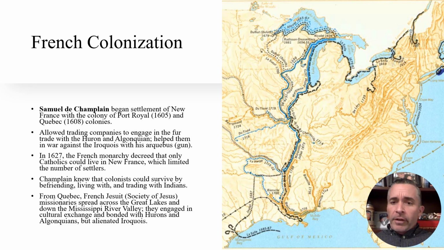So, with that in mind, Champlain, the father of New France, knew that the French colonists, who were primarily fur traders, also fishermen and missionaries, were going to have to live with and among the Native Americans. These French colonists would intermarry with the Native Americans. They would engage in cultural exchange. They had shared cultures.